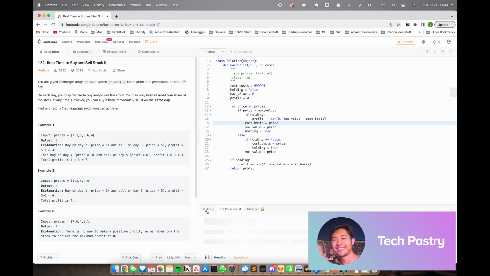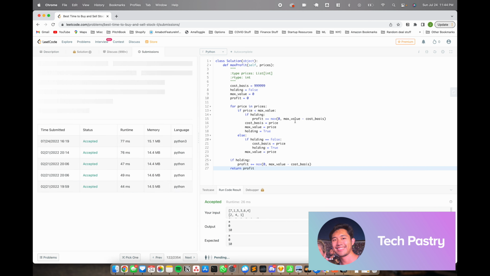Let's run it against a few other test cases, just to check that it's working. Awesome, looks like it's working.